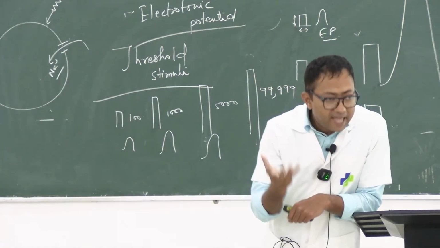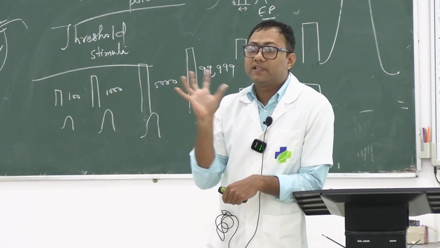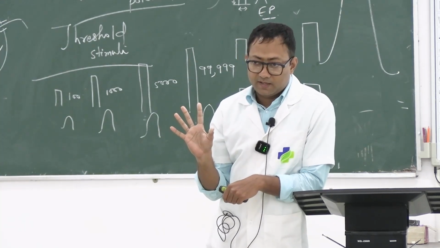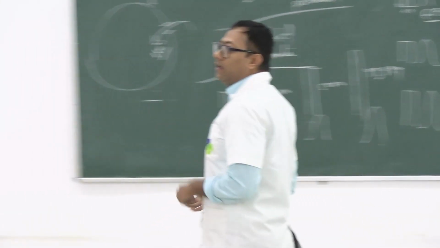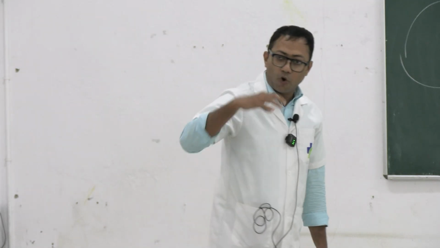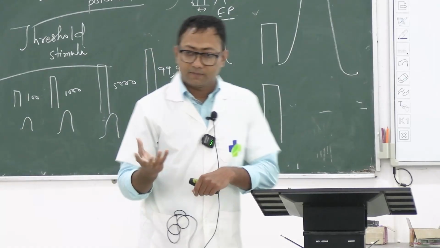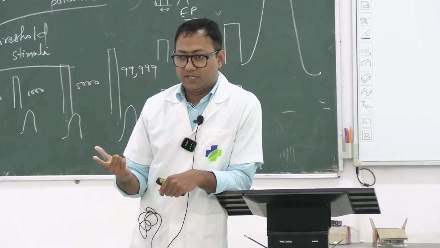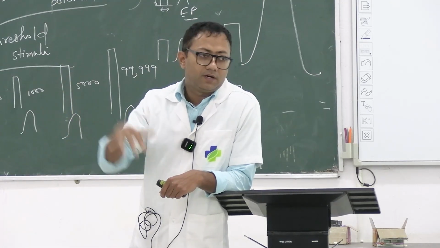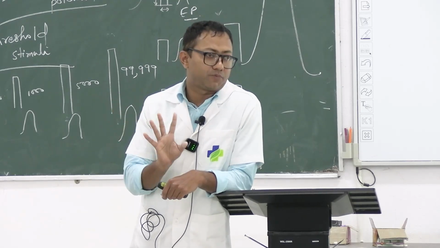To generate an action potential, you need to apply sufficient stimulus to the cell so that all 1 lakh voltage gated sodium channels are opened simultaneously. Okay. Then you get action potential. If the number of sodium channels opening is below 1 lakh, if fewer than 1 lakh sodium channels open, you cannot get action potential.